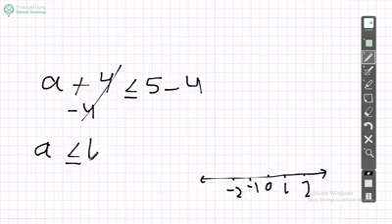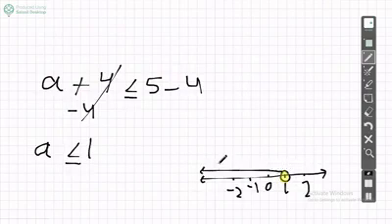So here the 1 is included in the solution, so we will place a closed circle at 1. I can use the highlighter here. So it's a closed circle, okay? And all the numbers that are less than or equal to 1, so where will we go? To the left. So we will draw an arrow to the left.